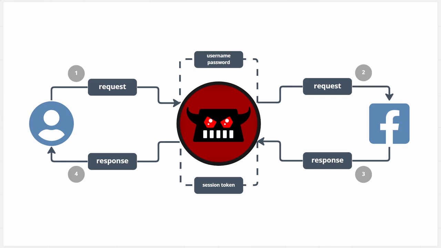All the outbound requests leaving the phished user's browser arrive at the EvilJinx phishing server. Since the encrypted connection is established between the user's browser and the phishing server, all requests are then decrypted and analyzed by EvilJinx.